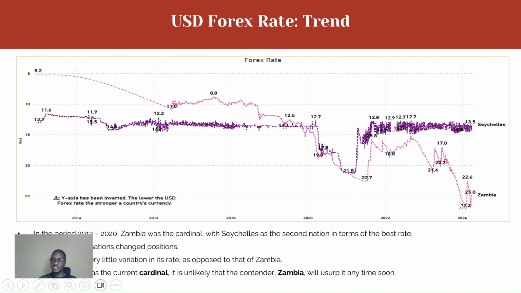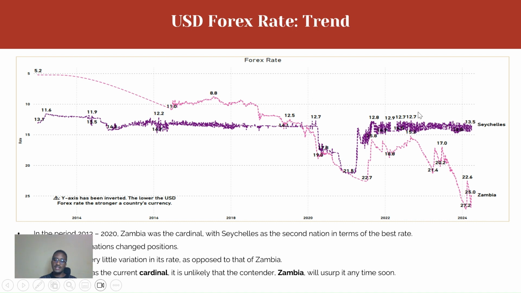But just because of the direction in which the kwacha is moving, it's unlikely that Zambia will usurp Seychelles anytime soon. Again, just as a final note, the y-axis has been inverted here because the lower the FX rate, the stronger the nation's currency against the US dollar.